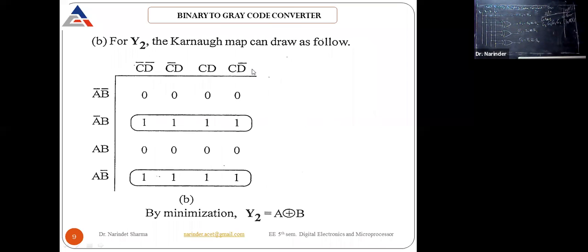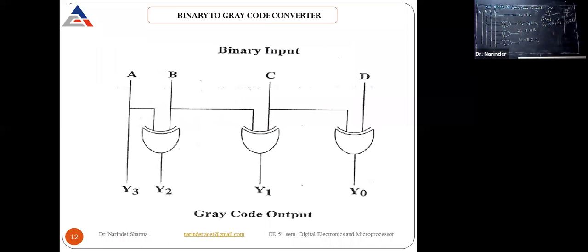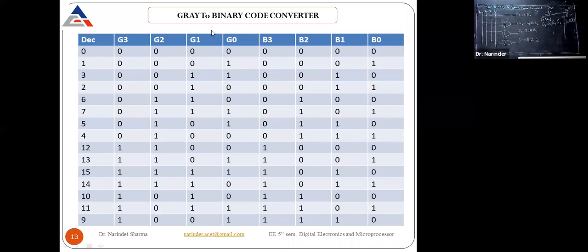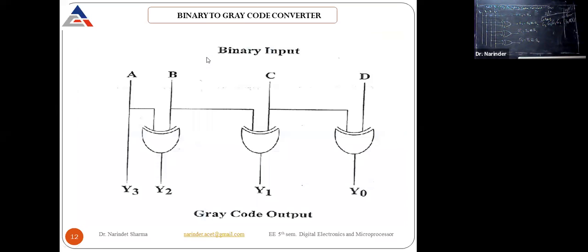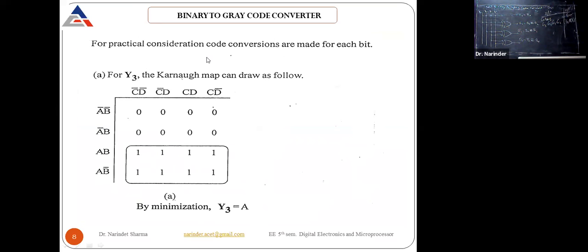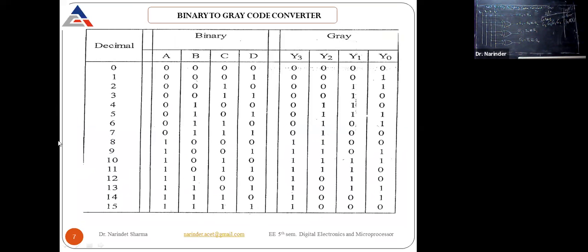Binary to gray code conversion we have done. Also, you can implement it in this way. Way is yours, how you can apply. Gray to binary. Gray should be towards your input side. Binary should be towards your output side. Whatever the table we have designed, this is the previous table. So gray towards the left side and binary towards the right side. This will become your truth table.